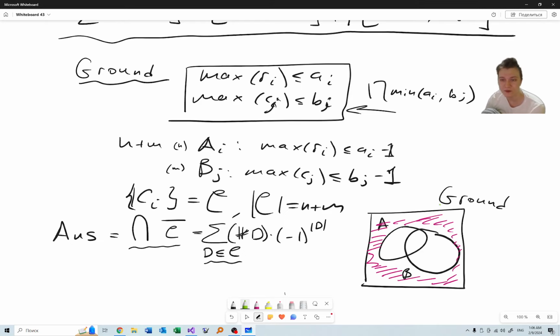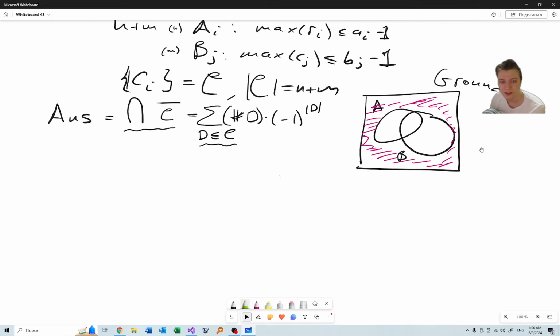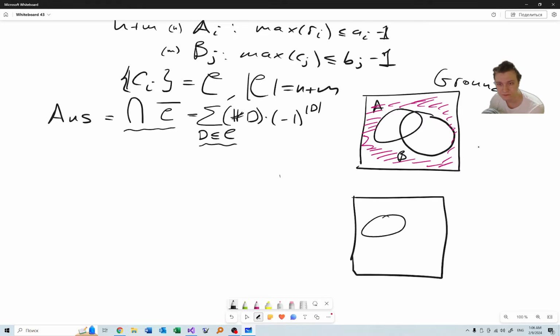Instead, what is proposed is to calculate everything with sign plus. But then we calculate exactly one condition with sign minus.